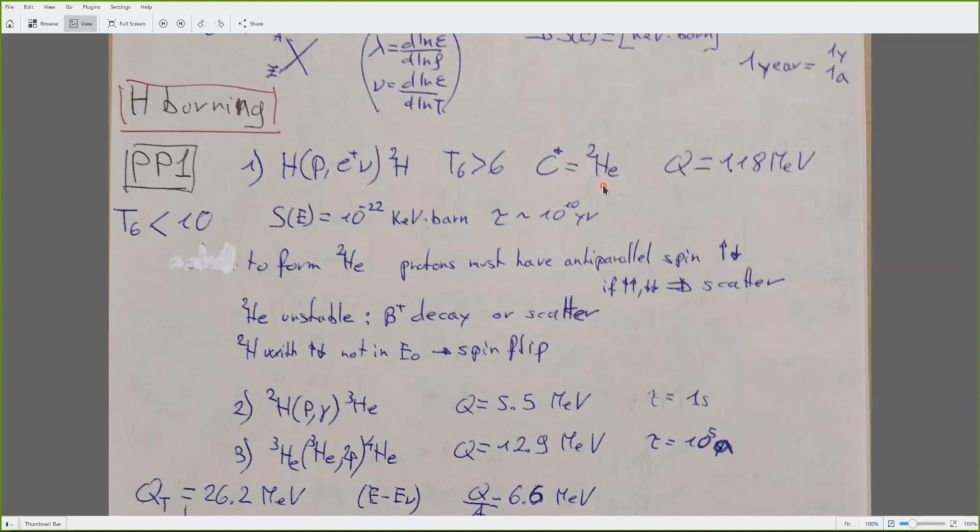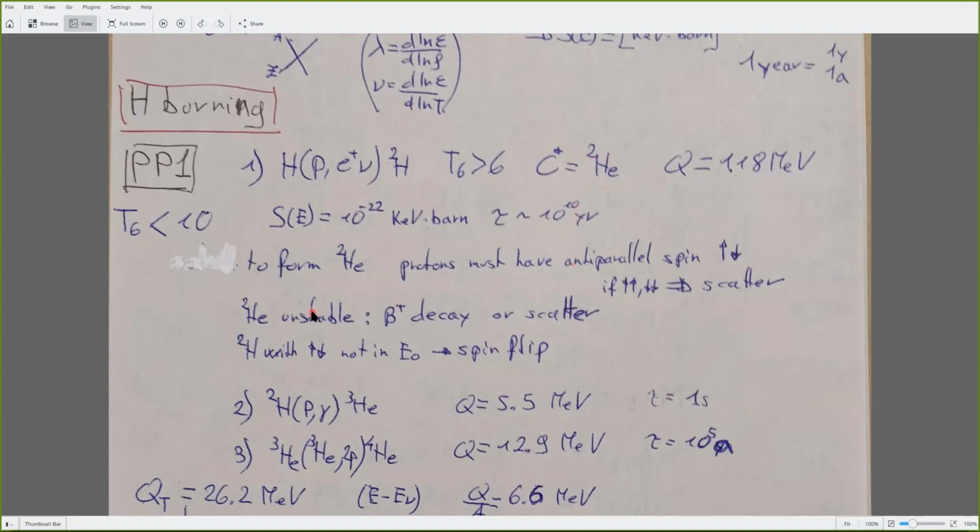So if the collision has two protons with parallel spin, the reaction will go in the channel of direct scattering. There is a little probability of a spin flip in the middle, but more probably it is just scattering. You need the two protons to have opposite, antiparallel spin, so you can form the intermediate compound nucleus of helium-2.